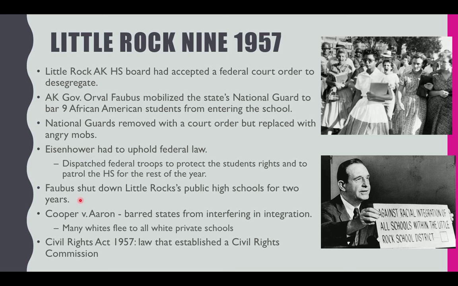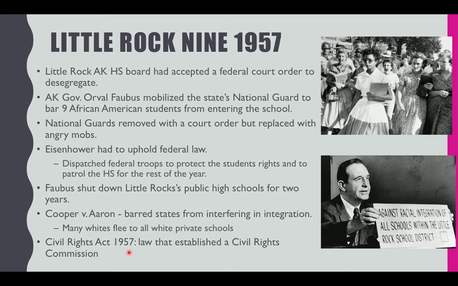Faubus, the governor of Arkansas, is so angry about federal troops coming in, these 9 African American students going to the high school, that he shuts down public high schools for 2 years. And what this does is it really just forces many white students to go to a private school. The Civil Rights Act of 1957 is going to be passed, and this law establishes a Civil Rights Commission.